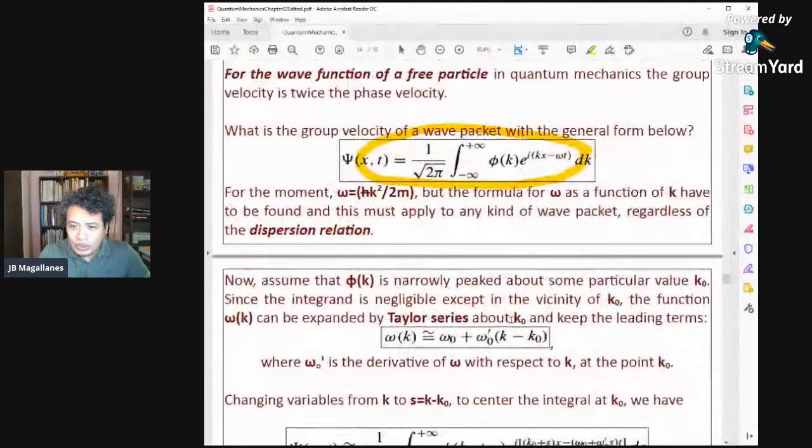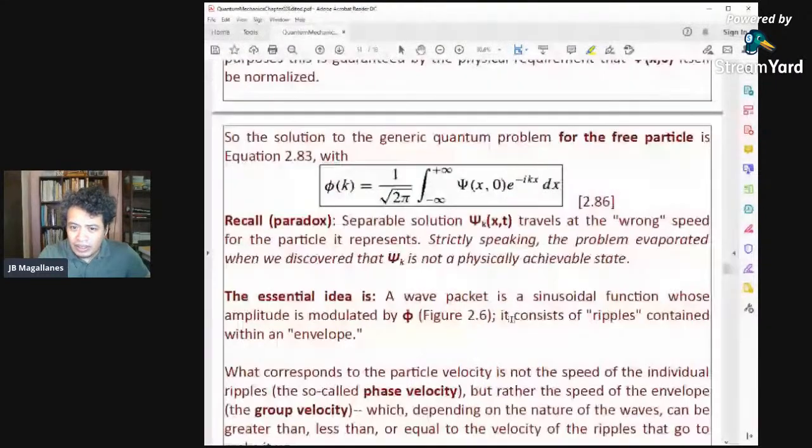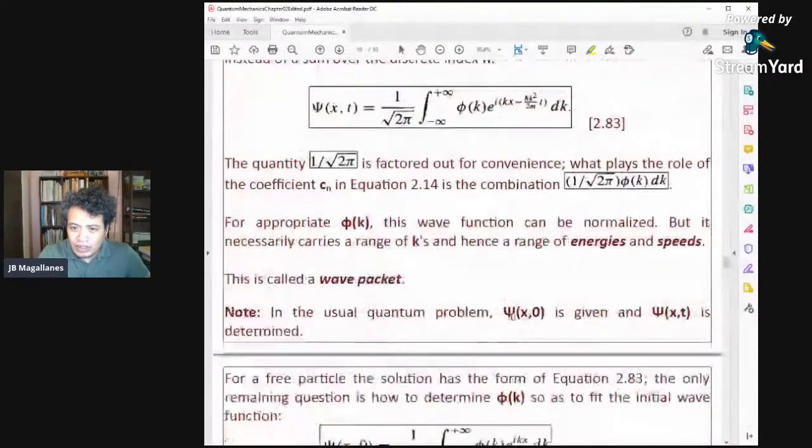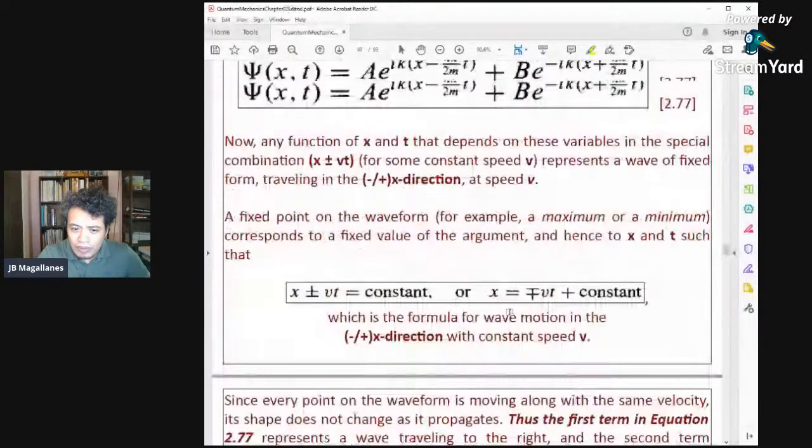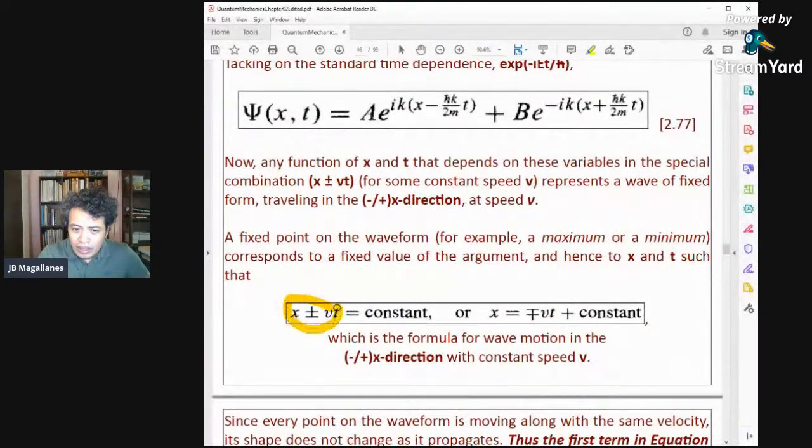If you go back to this argument here, you have a wave function that is traveling with speed v, either going to the left or going to the right. For any function that is a function of this form, you have the speed v.